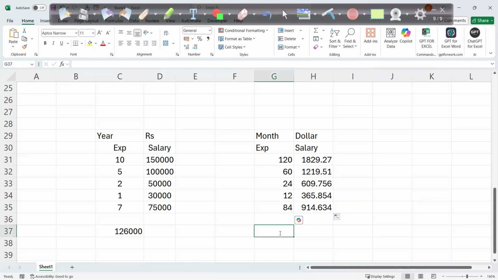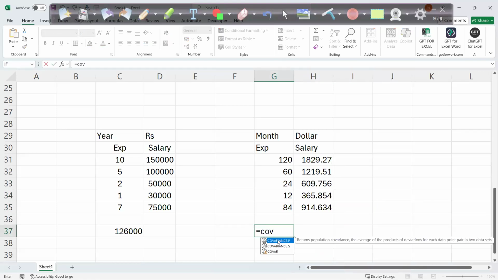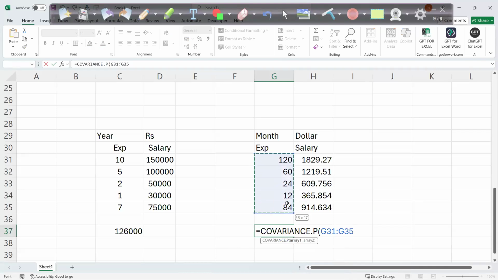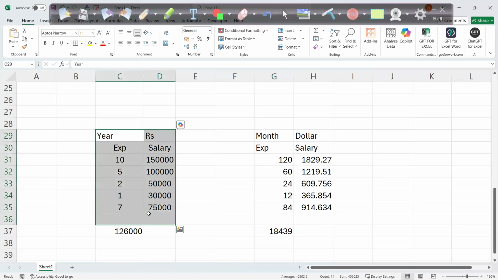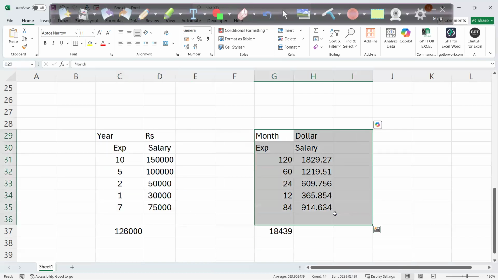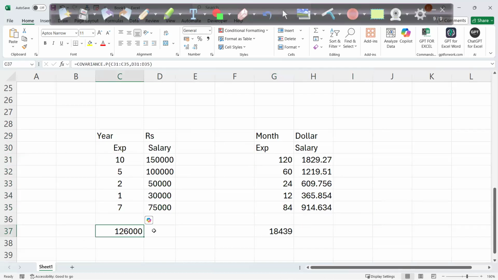Now let me calculate the covariance. See this? My data is exactly the same. It's just that my unit got changed. Here my covariance was coming out to be 1,26,000. Here my covariance is coming out to be 18,000.